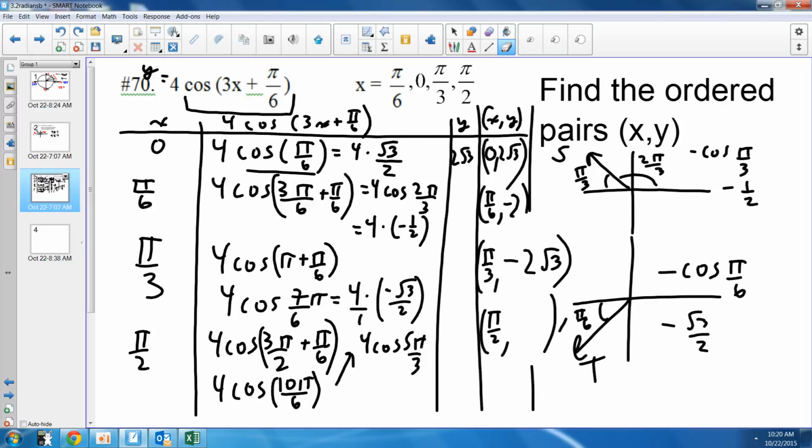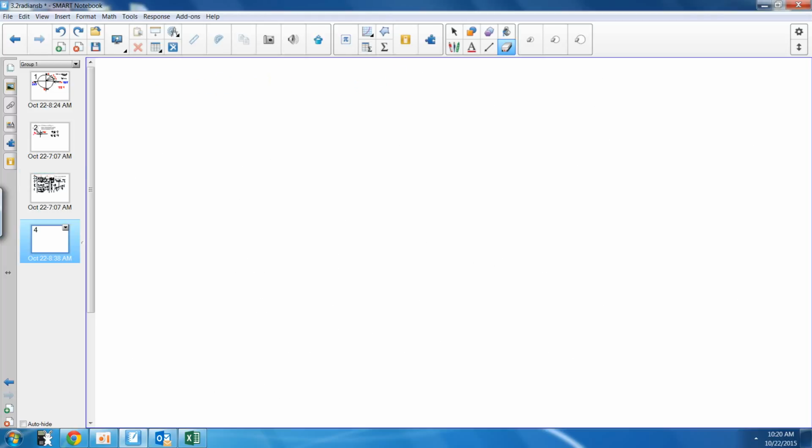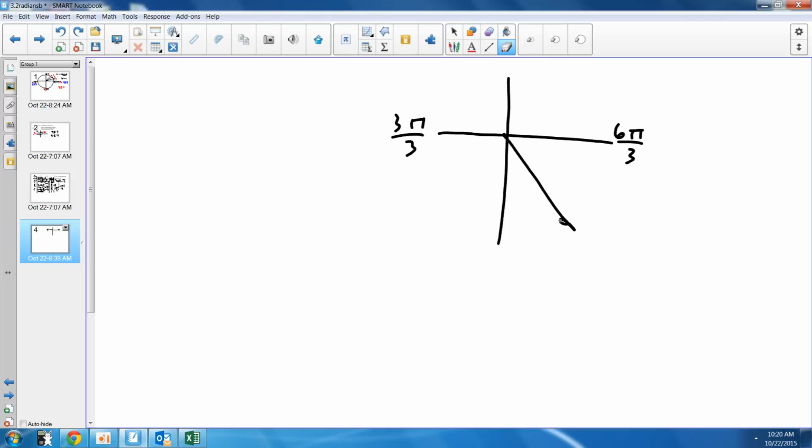We're going to go to the other sheet and find out what that is. Cosine of 5 pi over 3. This is the same thing as 6 pi over 3. 3 pi over 3, it's closer here. It leaves pi over 3. It's pi over 3 more to get to 6 pi over 3.